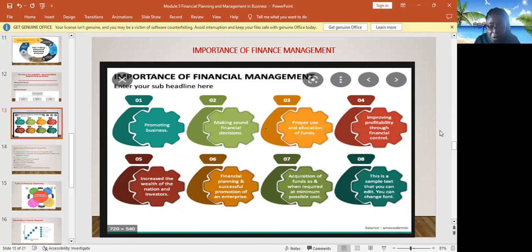The sixth one is promotion of an enterprise. An enterprise that is good in financial management, so many people want to invest in such business.